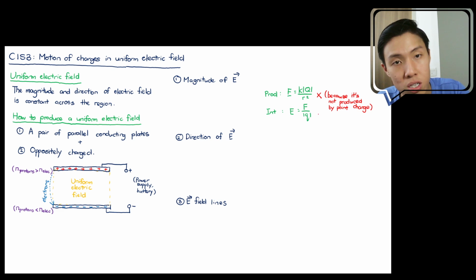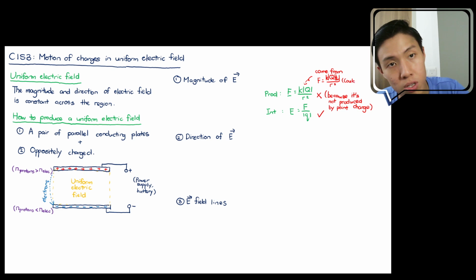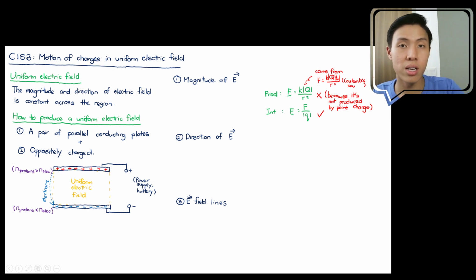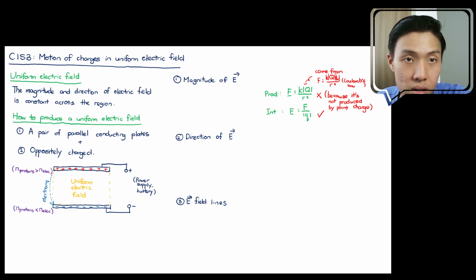But this equation you can still use, just that it comes from F = kQq/r². Because it comes from Coulomb's law, you cannot apply it, because Coulomb's law is applicable to two point charges only. I hope this part is clear.